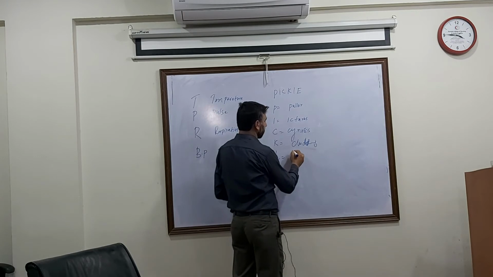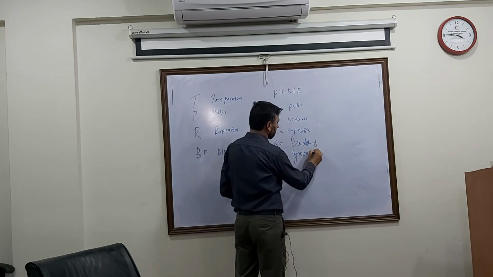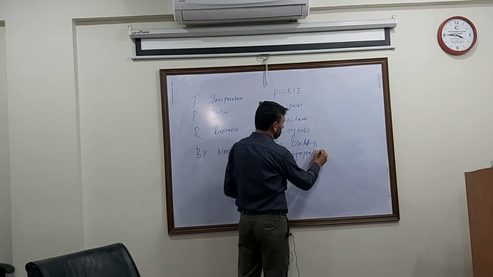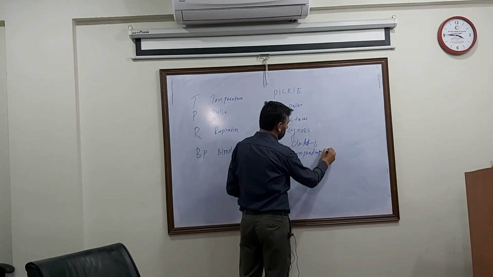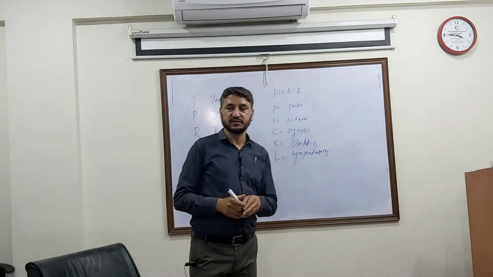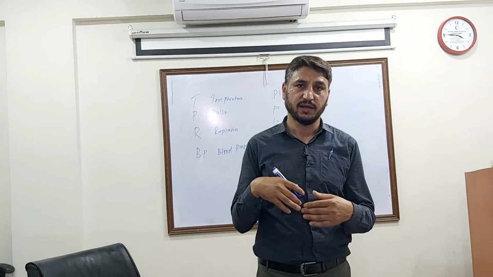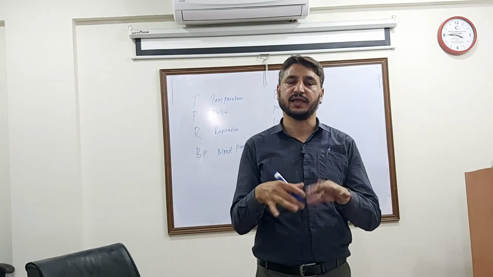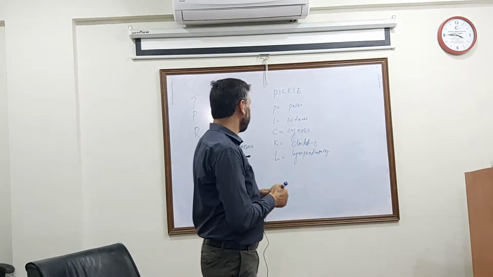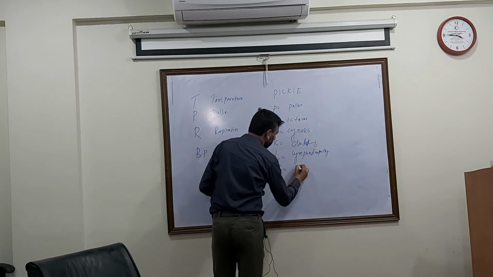L stands for lymphadenopathy. Lymph nodes को हम असेस करते हैं कि lymph nodes नॉर्मल हैं या एबनॉर्मल हैं. अगर lymph nodes enlarge हैं, this is called lymphadenopathy. E stands for edema.